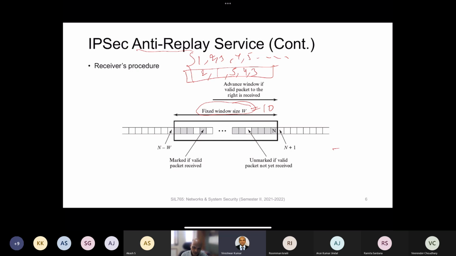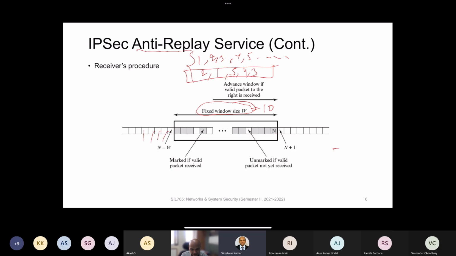You see these small squares here. You can think of them as counters, one for each packet being communicated over the channel or received by the receiver.